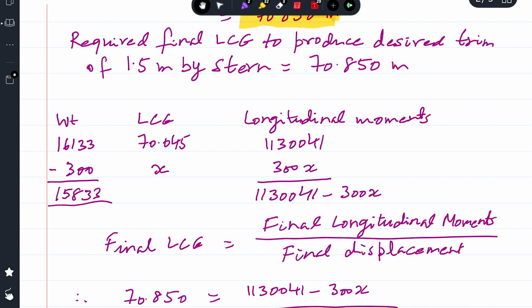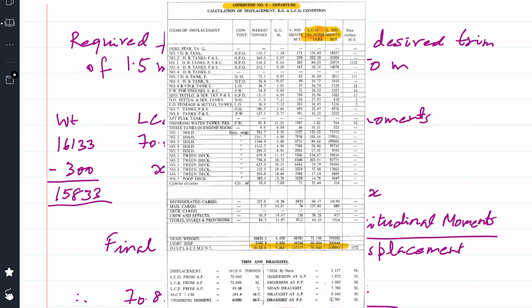Since we have been given the condition, which is condition number 8, all these three figures are straight away available from the condition. So if I go back to my condition here, you see the last two columns, one is the LCG and one is the longitudinal moments.